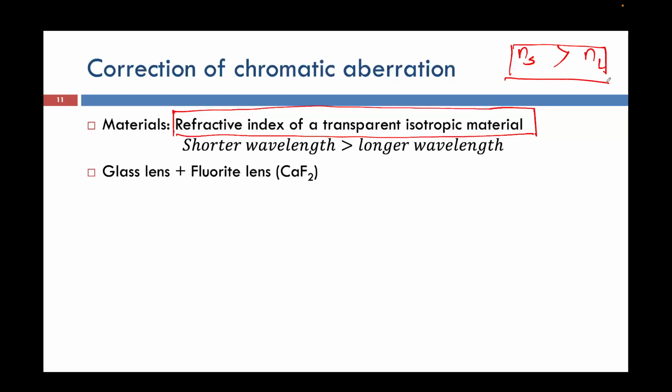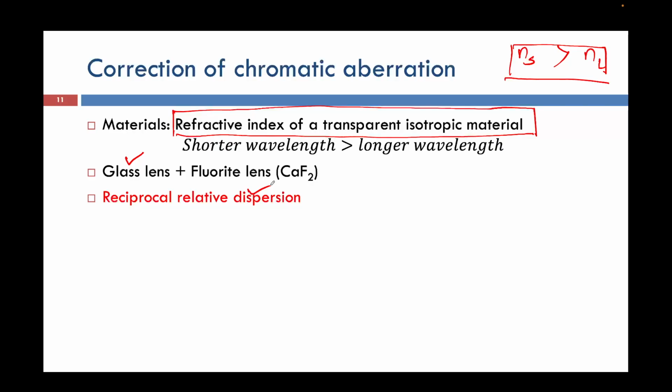Generally, which materials do we choose? One is the glass lens, and another is the fluoride lens, which is made of calcium fluoride. These two materials we choose for our lenses. And there is a term called reciprocal relative dispersion. Let's say I want to design lenses from some other materials which I think can be good lenses in future.